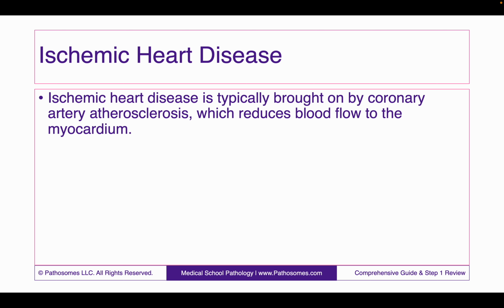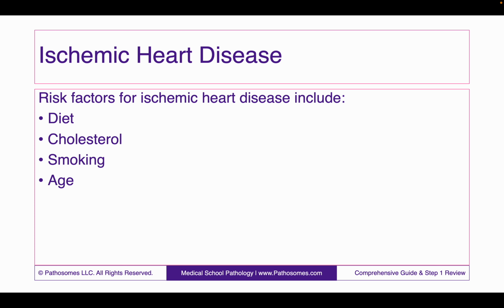With the plaque that accumulates, the macrophages, the calcium buildup, all of that. So that lesion actually reduces the blood flow to the myocardium. Risk factors for ischemic heart disease include poor diet, cholesterol, smoking, and advancement in age.